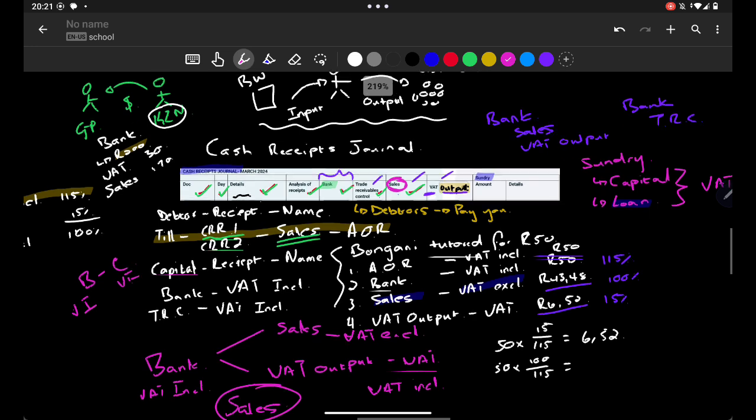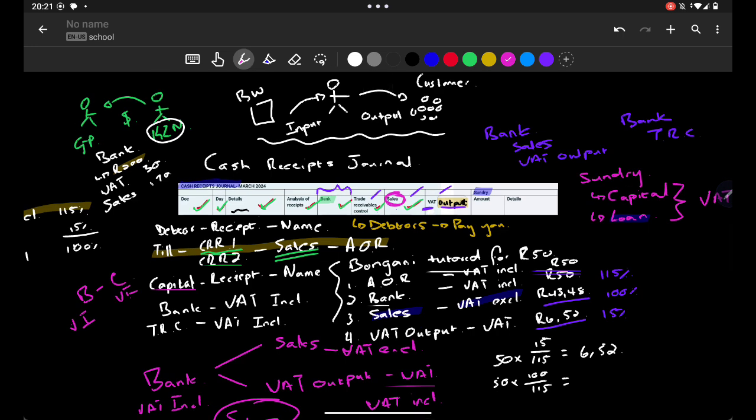I hope this makes sense. Before you attempt activities or anything, please understand how each of these work, where the VAT exclusive part comes in, how to calculate that part and all that. Understand that, then go try it out. If you are not able to get, say, 60% correct, come back to this video, look at the parts where you don't understand, and if you still don't, pop a question in the comment section, right?